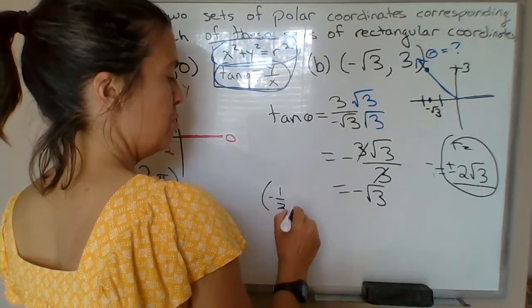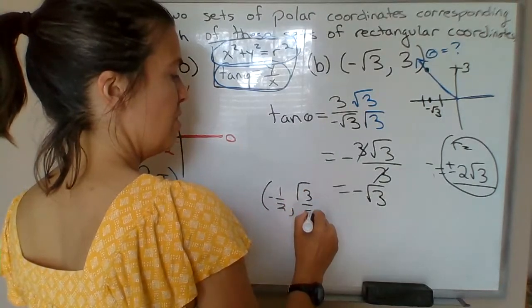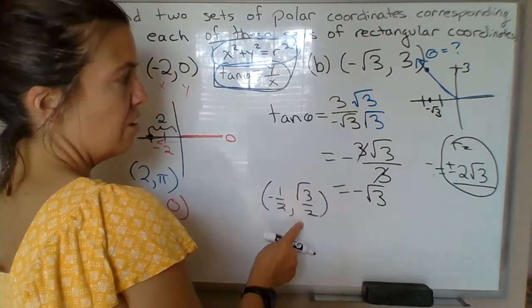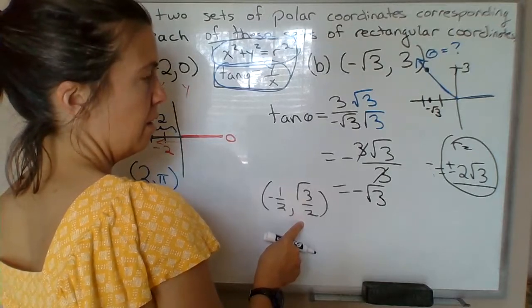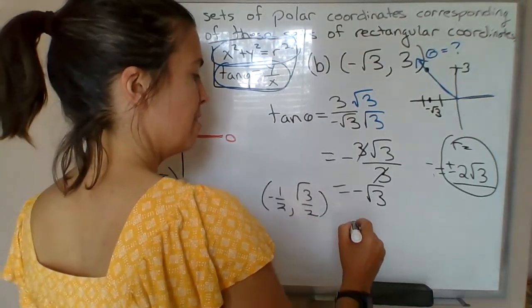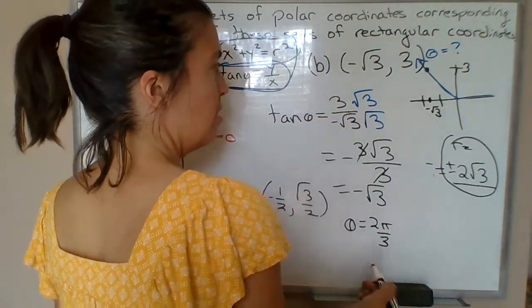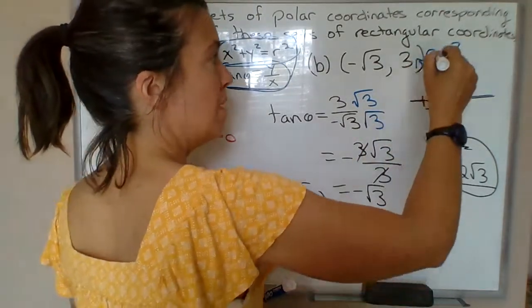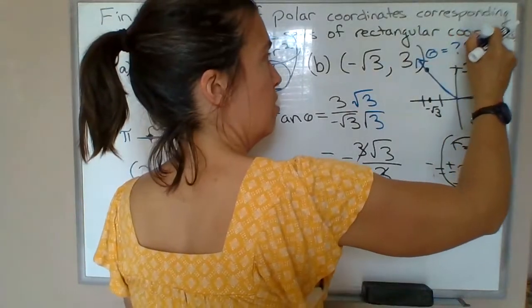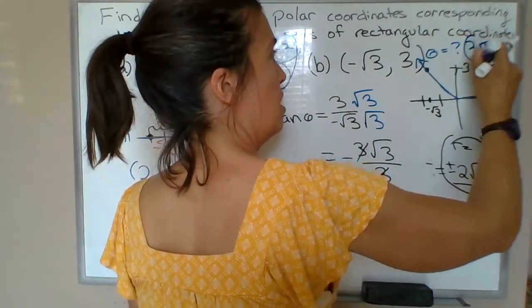So look for these coordinates in quadrant 2 on the unit circle. That's going to occur at 2 pi over 3 radians.